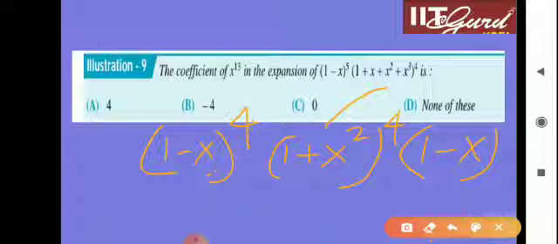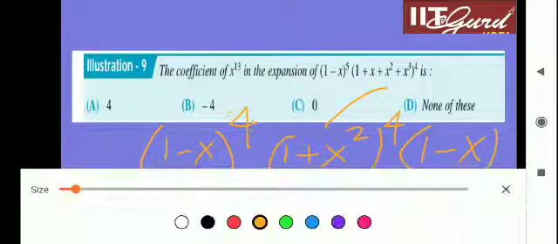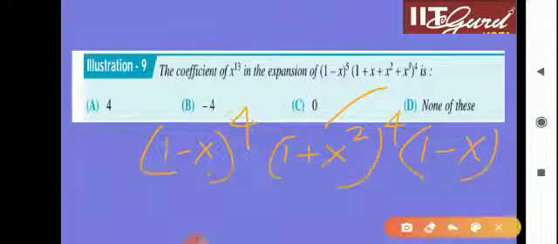And here you can say this will become x square also, right? Are you all getting or not? Let's see how.